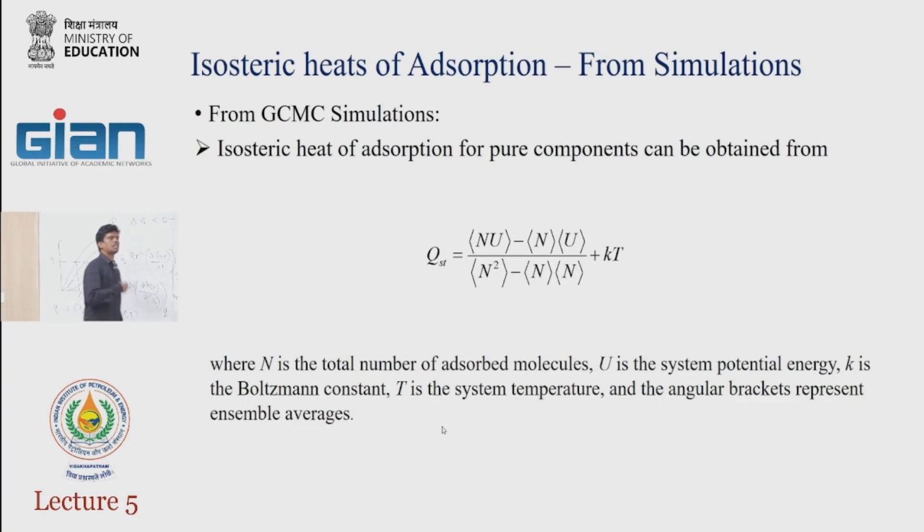That means when you are doing gas adsorption, you insert a molecule, then count how many molecules are there in the system. U is the total potential energy of the system. So only 2 terms are there, and kT, where k is the Boltzmann constant and T is the temperature. So like this, through GCMC simulations, we can calculate the isosteric heat of adsorption.